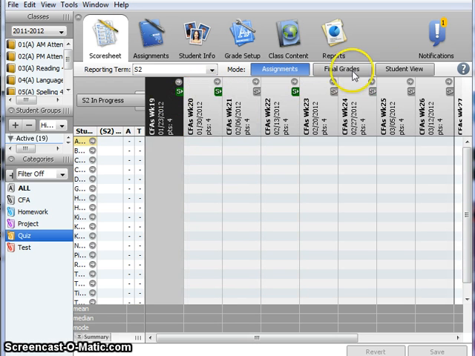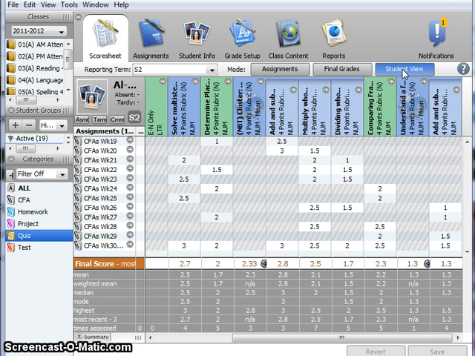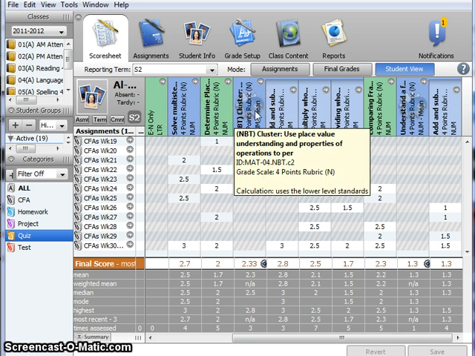But when we go to the student view, what we get is a list of our CFAs on the left-hand side of the grid, aligned up with our learning targets or standards across the top: multi-step word problems, determining place value. You may notice the color changes. When we get to this one, this is a specific one.